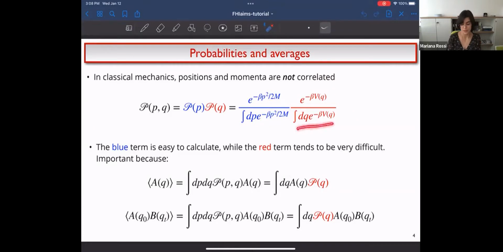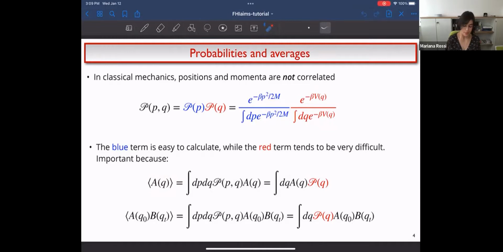However, this term is really very important because most of the observables we are normally interested in calculating a thermodynamic average of, this symbol here is a thermodynamic average, depend on the positions of the nuclei of your system.